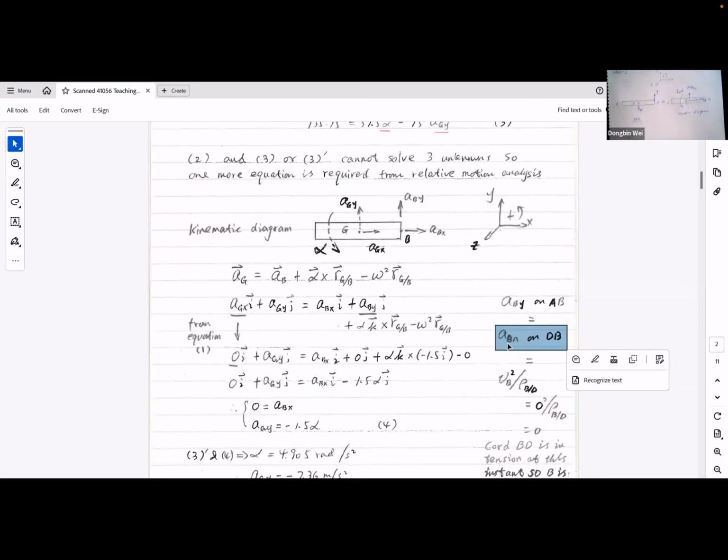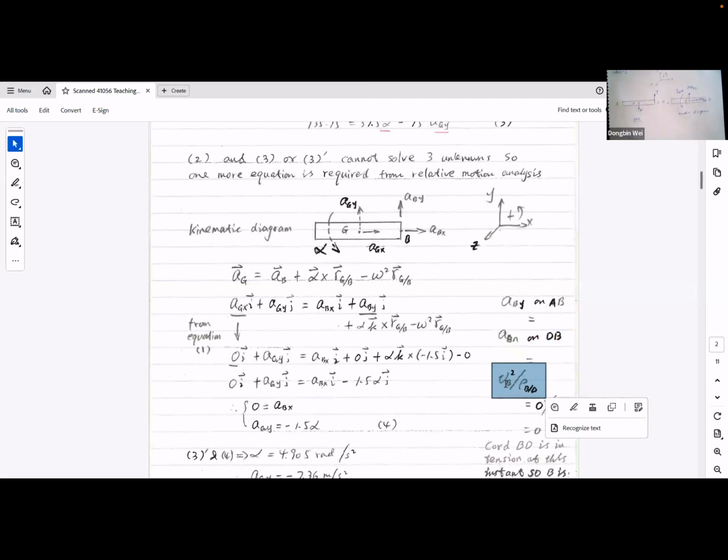So B will be rotating about the center point D. Then ABN can be calculated using this equation.